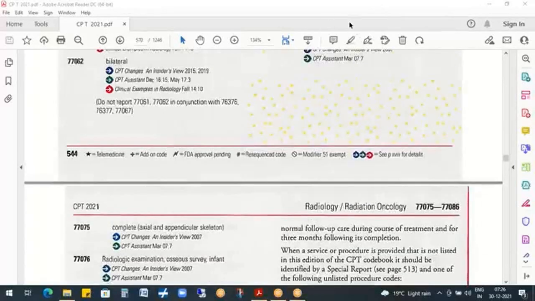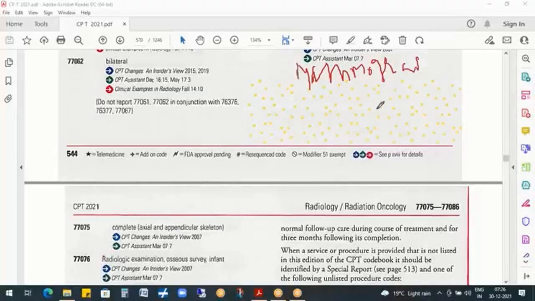When you get this concept, mammography, in the question, see what you need to do. Just note down this flowchart. First, mammography.